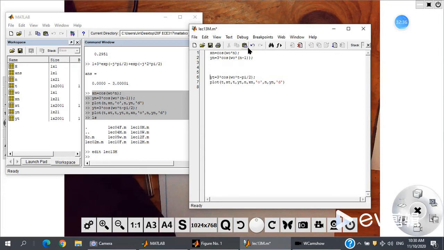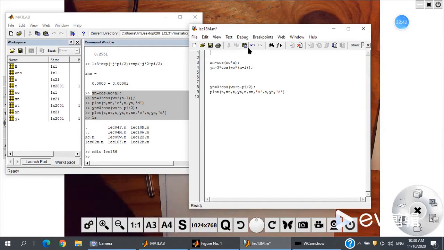I have y of t. Okay, before that we need n. n runs from 0 to 20. This is for x of n. We can start from 0 and run from 0 to 20, and t is also from 0 to 20, but we need a step here.